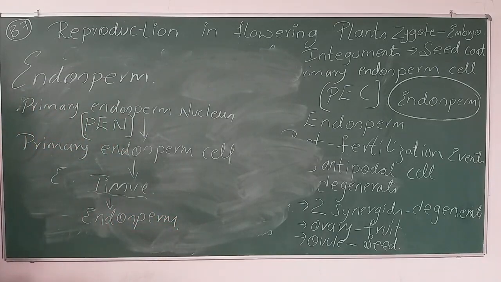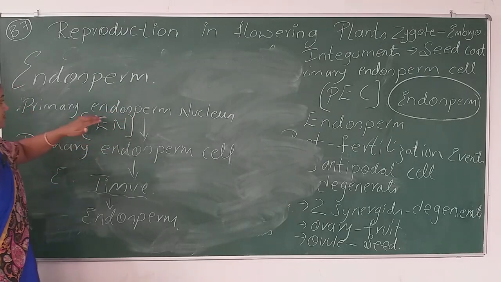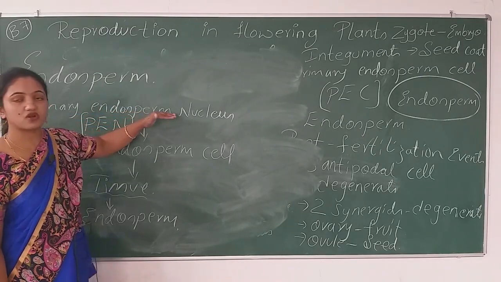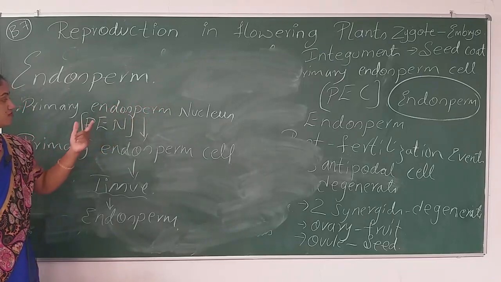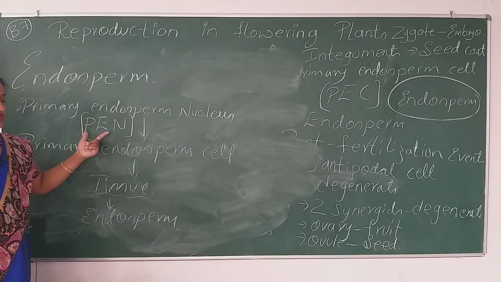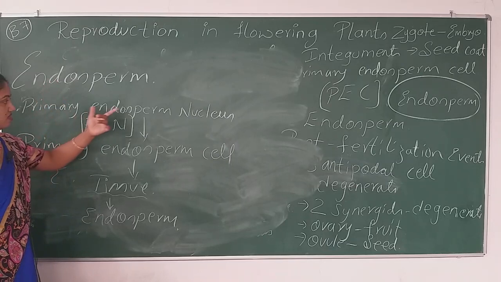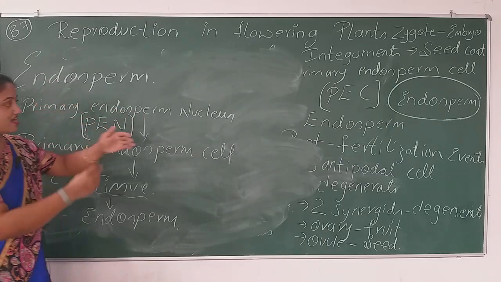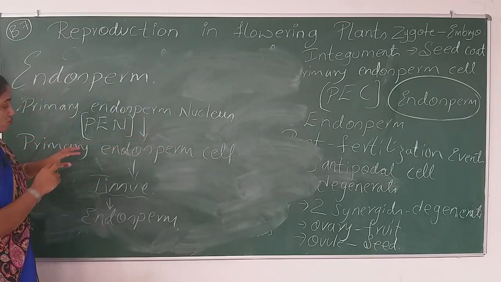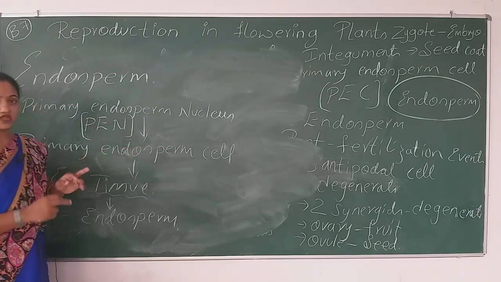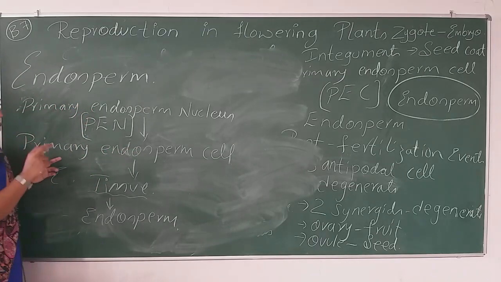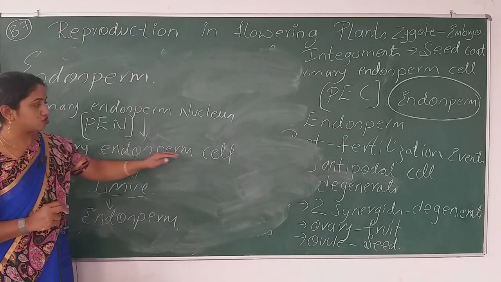Here it takes a number of steps or stages. So you got this now, the primary endosperm nucleus. This is the resultant product of triple fusion. The central cell, which has this nucleus, is known as the primary endosperm cell. The central cell we were talking about in the embryo sac is known as the primary endosperm cell.